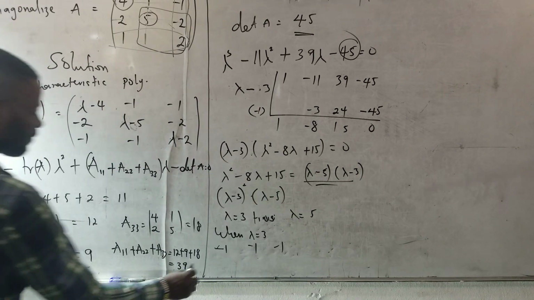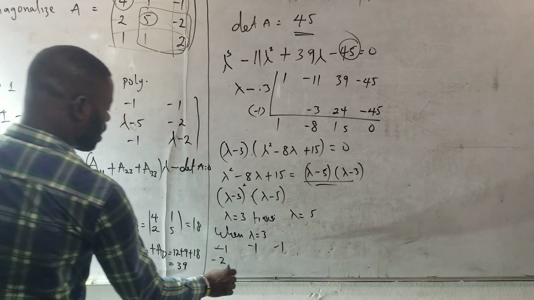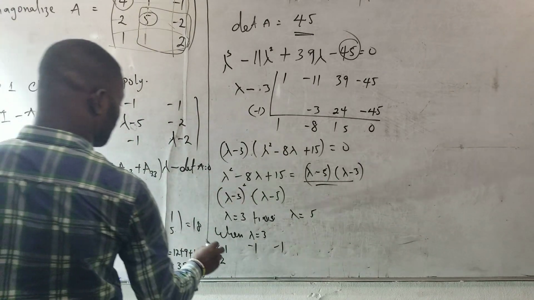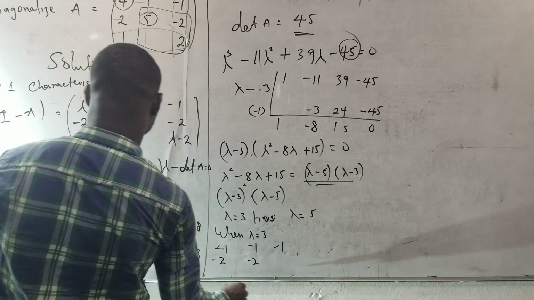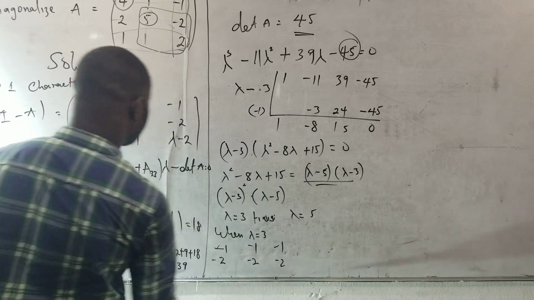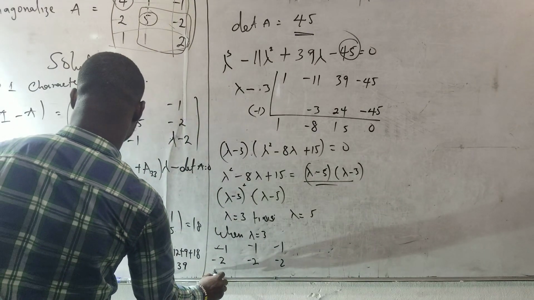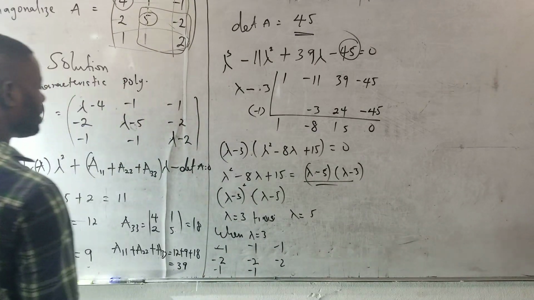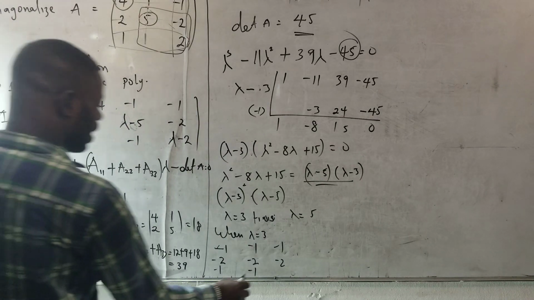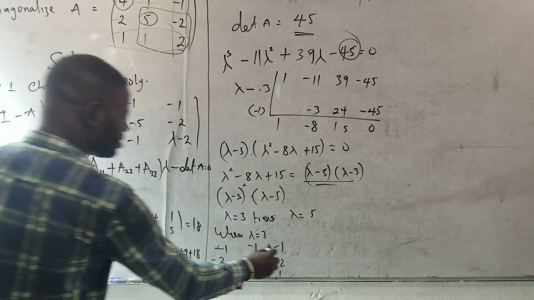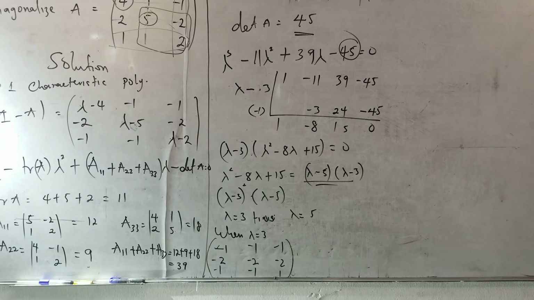Yes, I will be having minus 2, and that will be minus 2 and minus 2. And this will be equal to minus 1, and it will be 1.